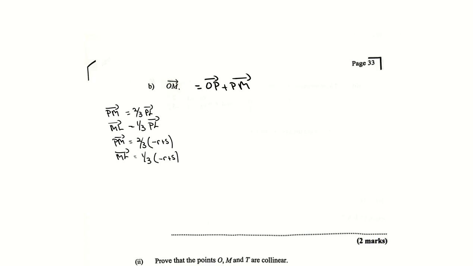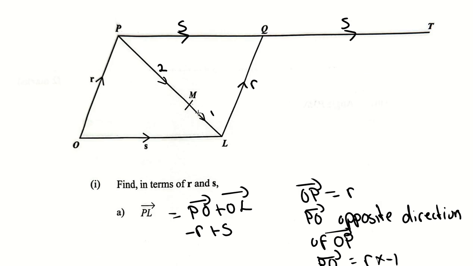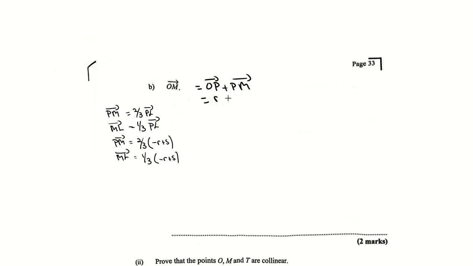I'll do it the other way too to show you, but it will be the same thing. O to P is R plus P to M is 2/3 of negative R plus S. Let's reduce that.